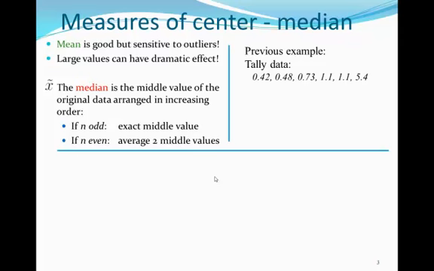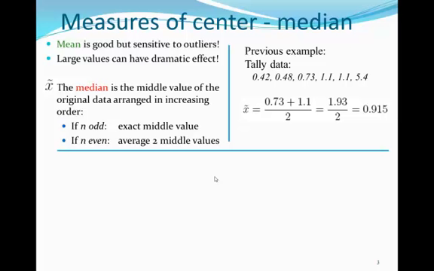Let's look at an example, with data coming from lead level in BMCC. First of all, we arrange the data in increasing order. We get 0.42, 0.48, 0.73, 1.1, 1.1, 5.4. So our median x tilde equals, since the sample size is even, we average the middle two.